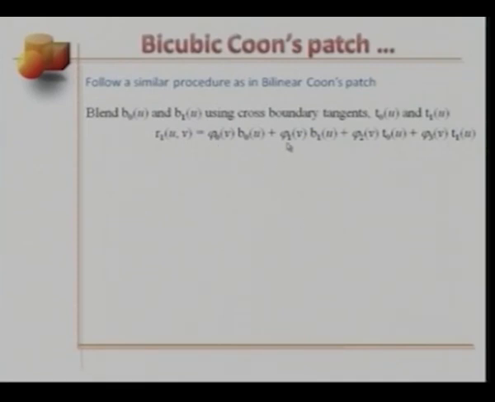Phi 0, phi 1, phi 2 and phi 3, as you would realize, are Hermite cubic polynomials in V.